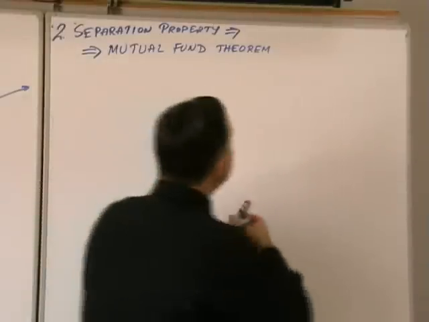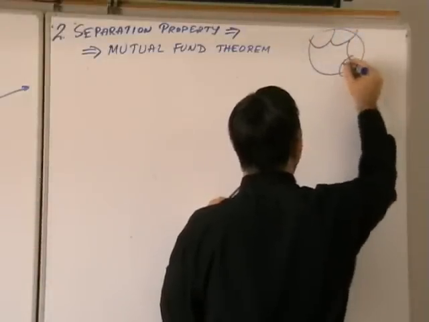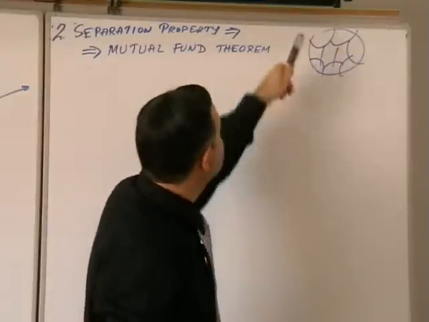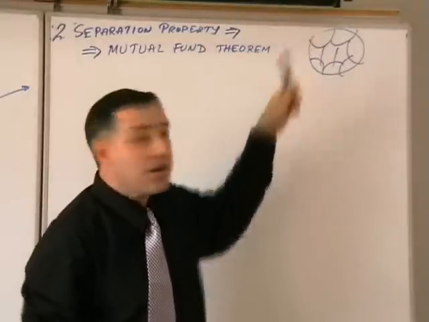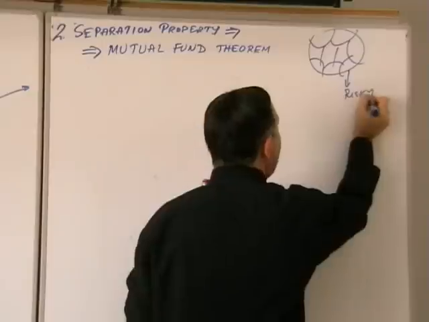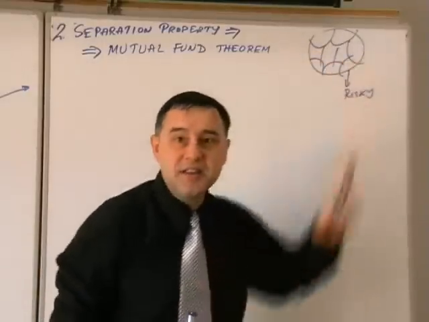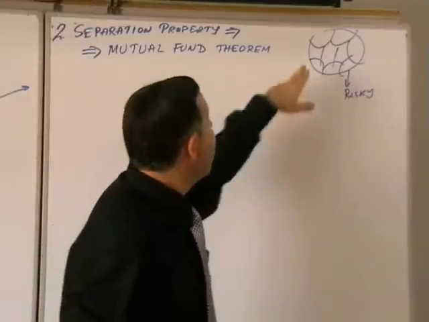In other words, you already construct the risky portfolio. So, risky portfolio, I draw it here as probably having 10 assets or 10 stocks. So this is the risky portfolio. It is already constructed. It is also an efficient portfolio.